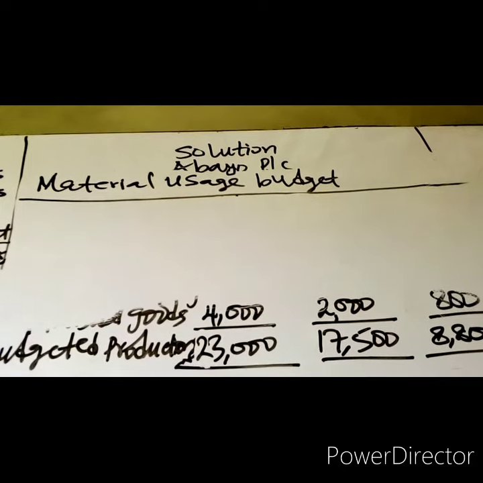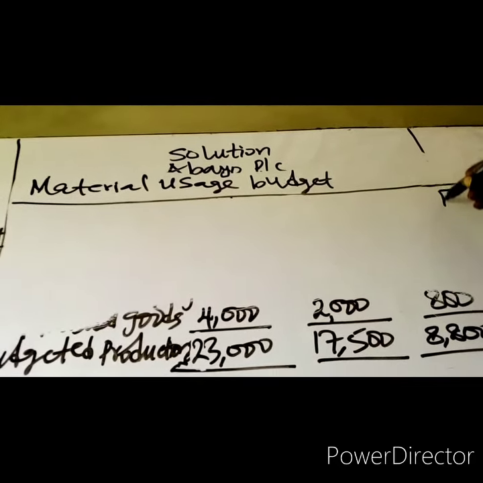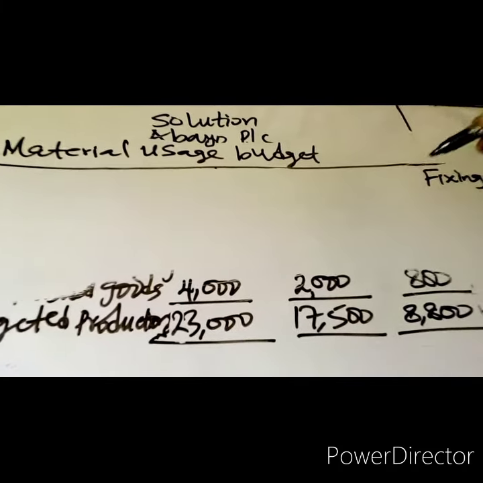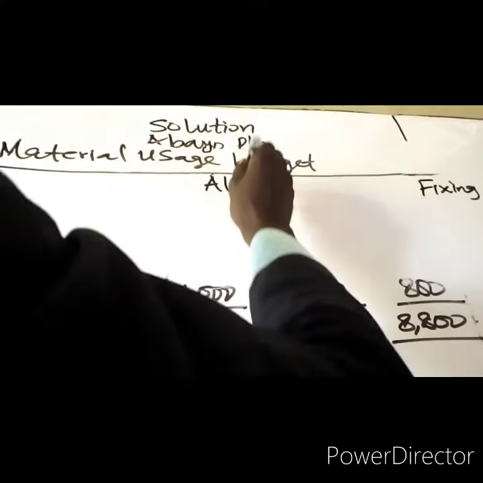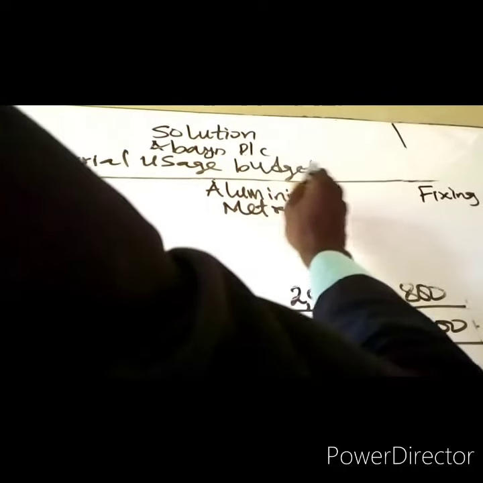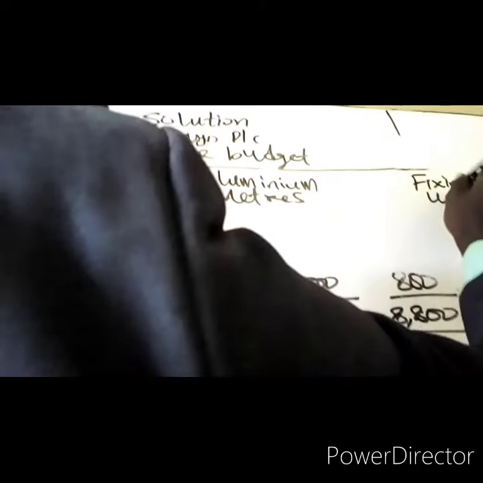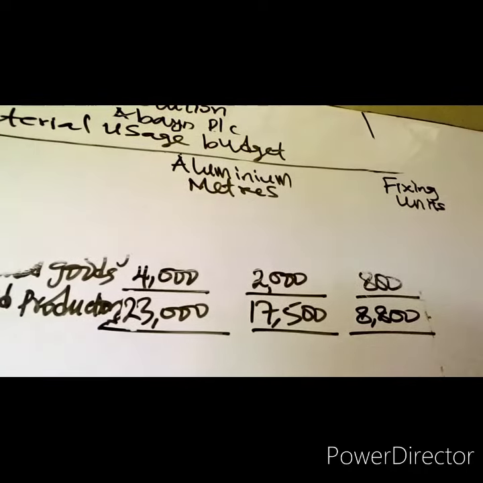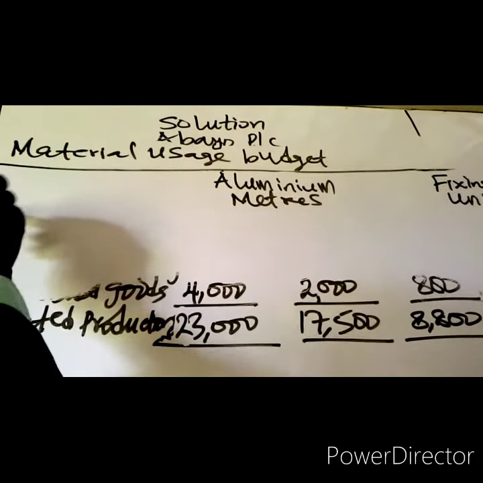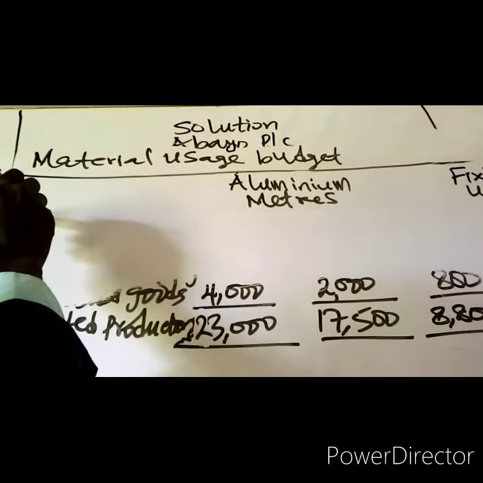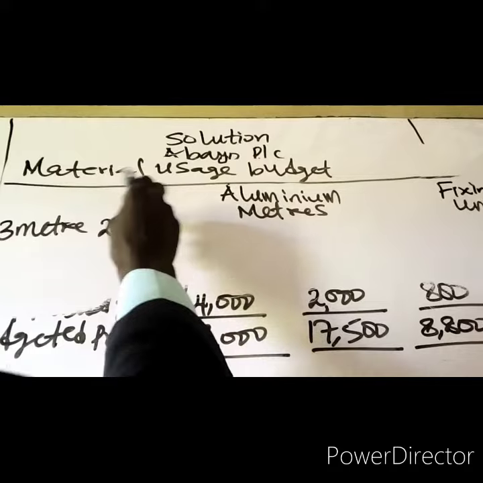We have two materials. We have aluminum and fission. Aluminum in meters and fission in units. Now, for 3 meter, the production is 23,000.